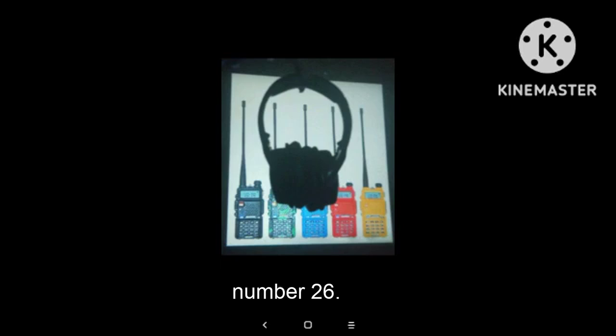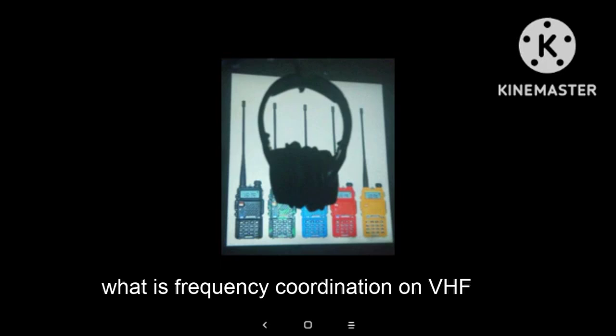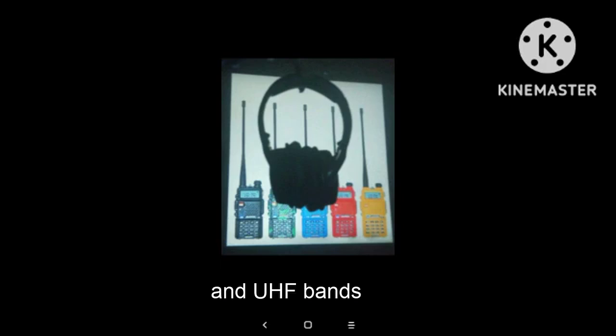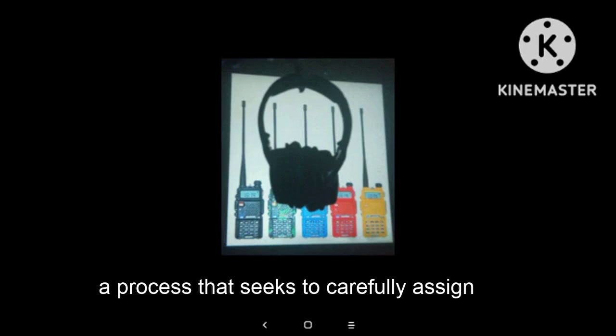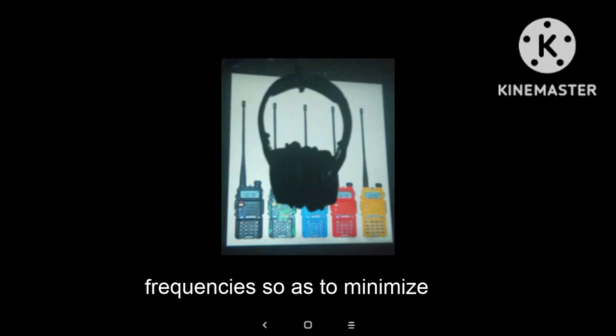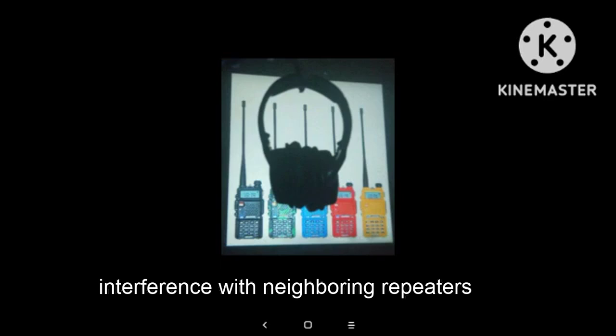Number 26. What is frequency coordination on VHF and UHF bands? A process that seeks to carefully assign frequencies so as to minimize interference with neighboring repeaters.